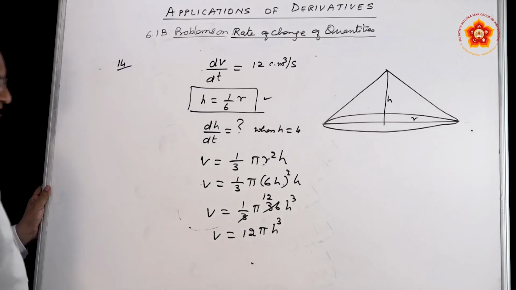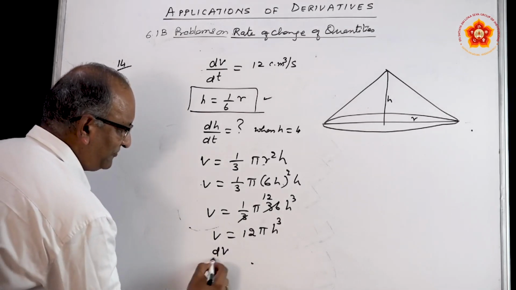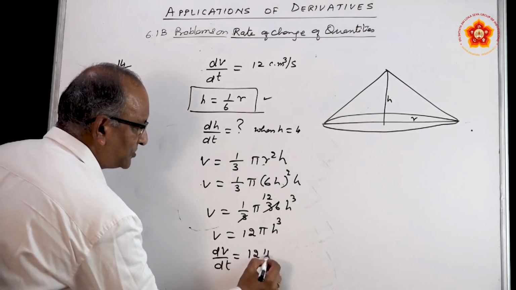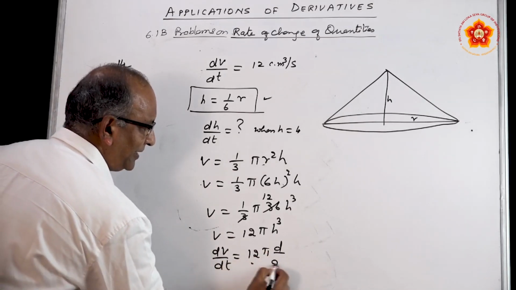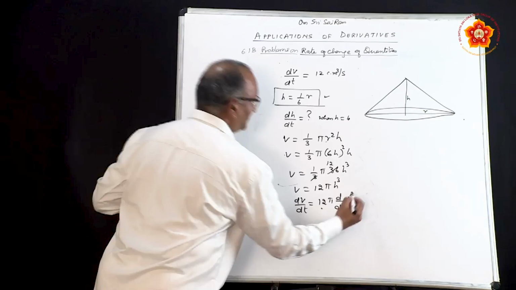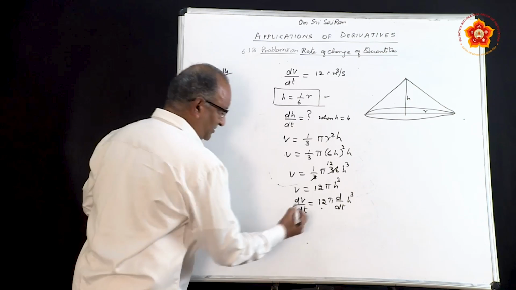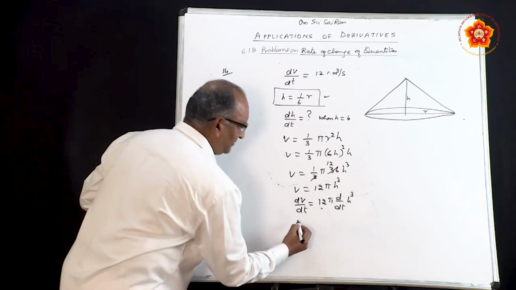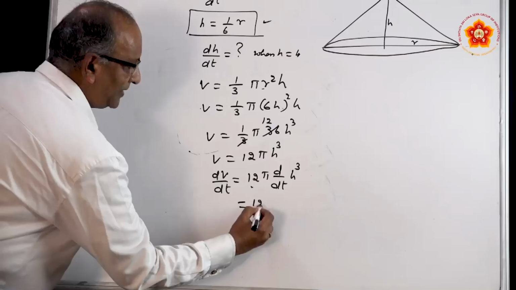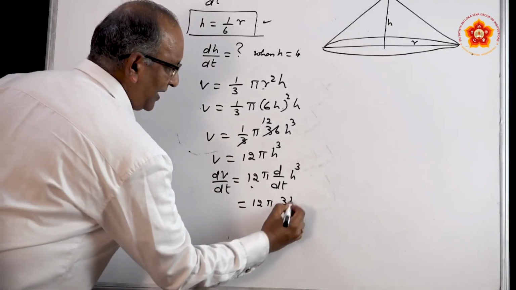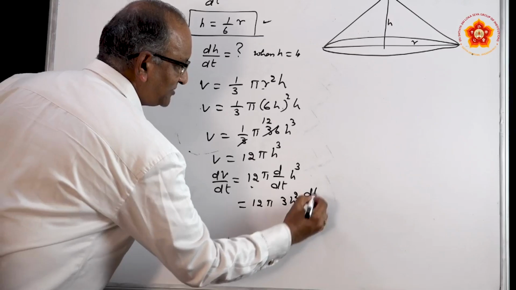Now differentiate with respect to t, you will have dv by dt is equal to 12 pi outside and you will have d by dt of h cube. Find the derivative: we get 12 pi, d by dt of h cube will be 3h square into dh by dt.